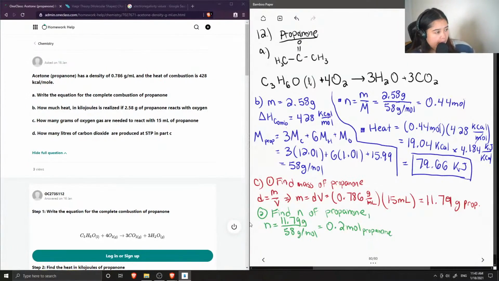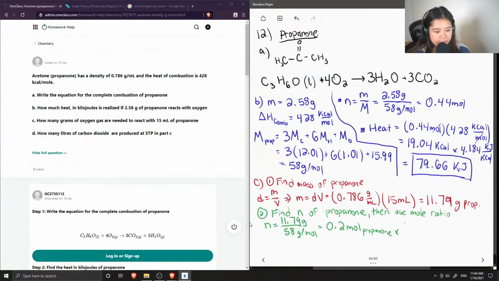And from there, we can also calculate the number of moles for oxygen. I'm just going to add that here. Then use the mole ratio. Because we already balanced our equation, we know what the mole ratio between propanone and oxygen is.